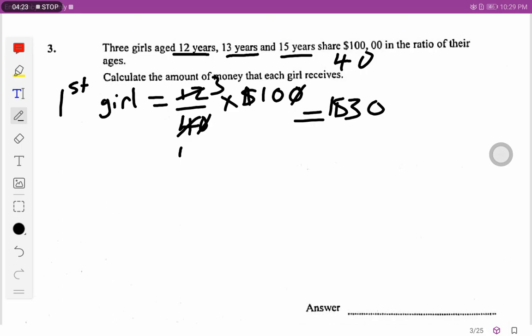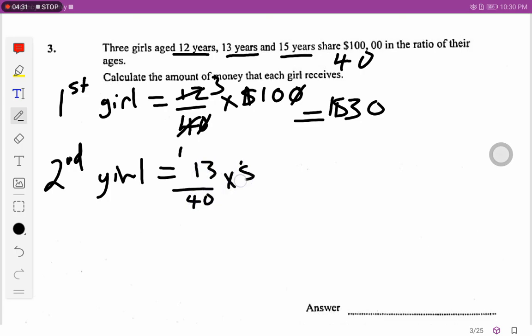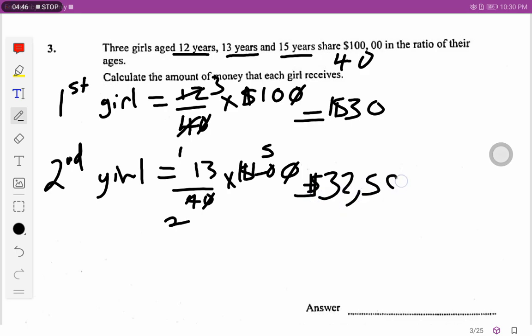Okay, then the second girl, I can say it's going to be 13 over 40 times 100 again. 5 times 13 divided by 2, I will get $32.50.